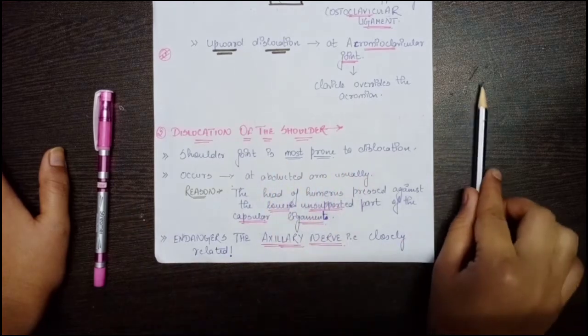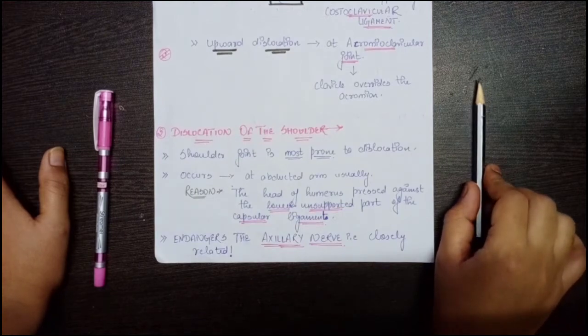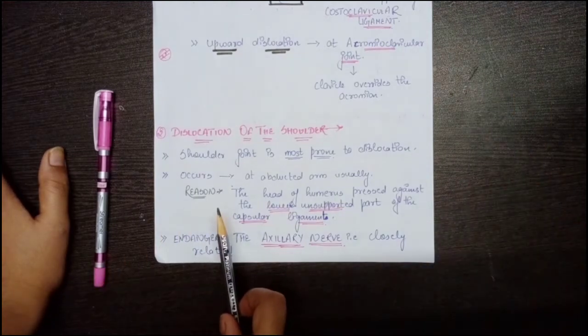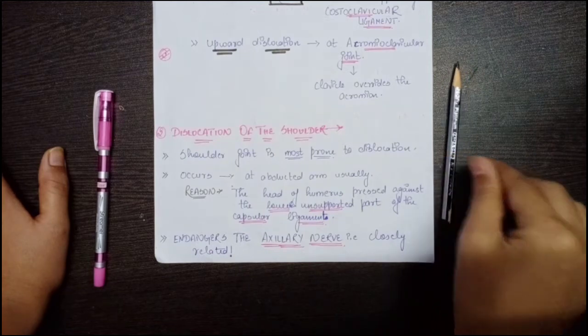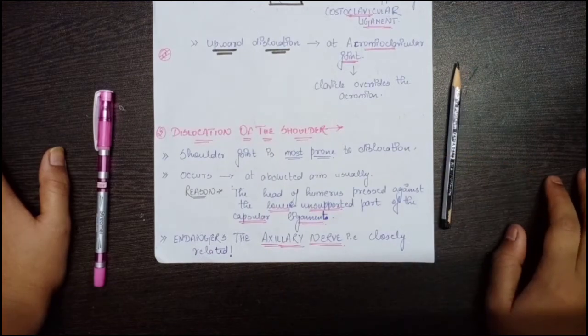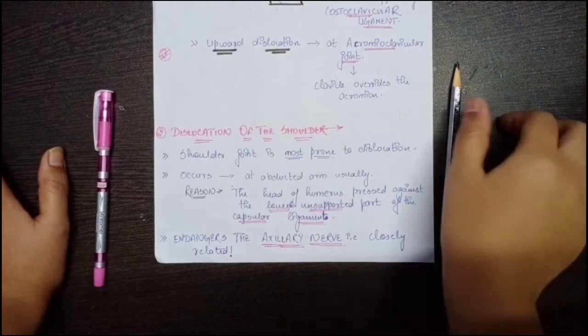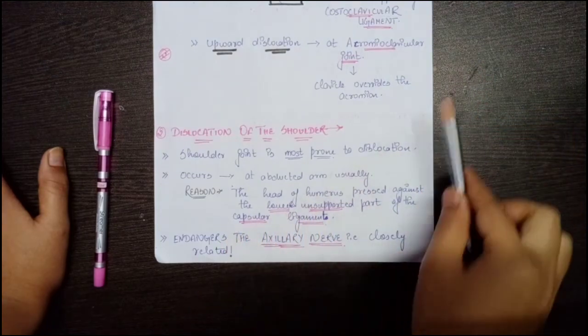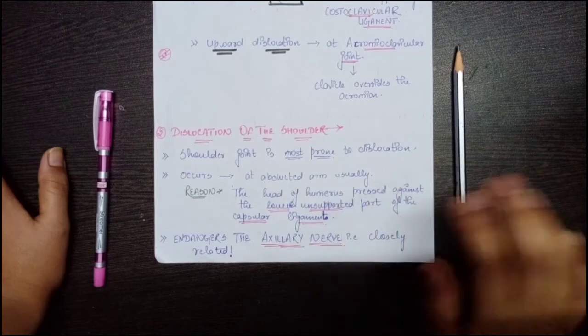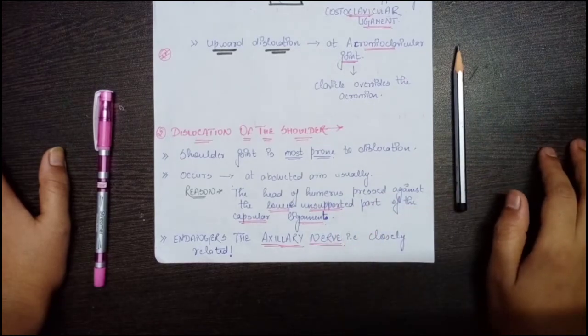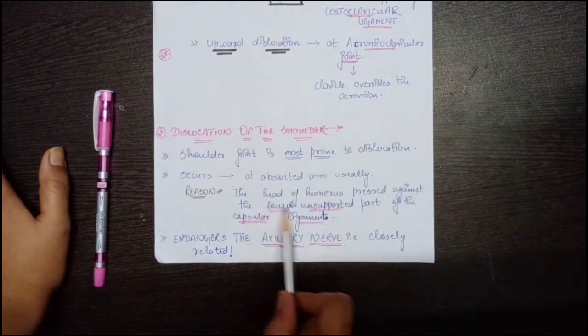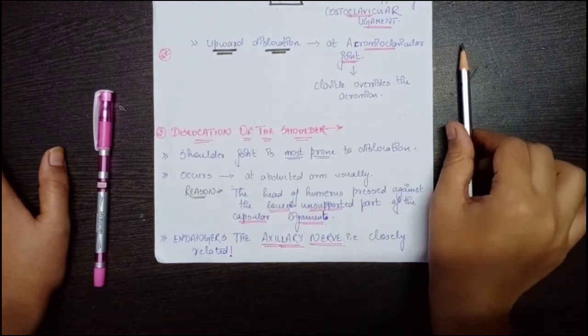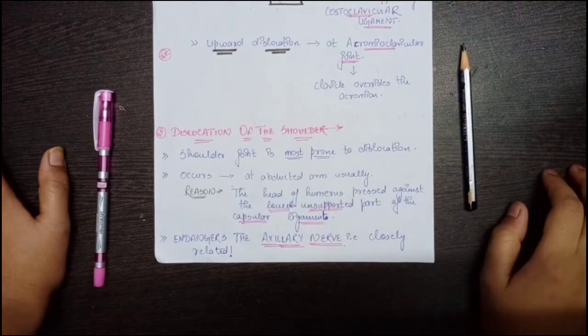What is the reason or what is the cause of the shoulder dislocation? See, in the shoulder joint, there is a lower unsupported part of the capsular ligament. See, you have a capsular ligament in all those joints, right? All the joints have a capsular ligament. In the capsular ligament, there is a lower unsupported part. Okay, we have already studied about this in part 1.